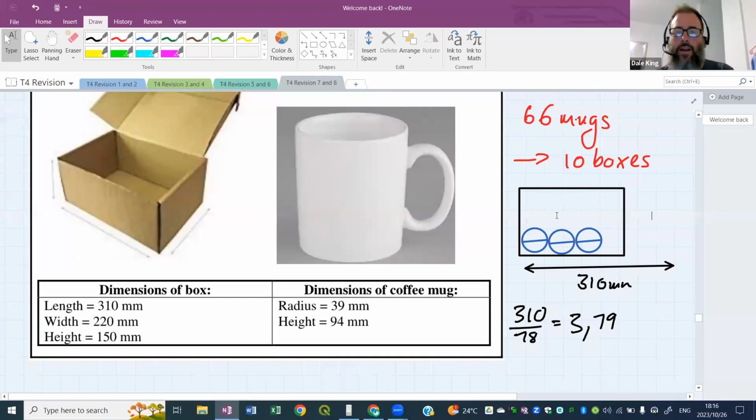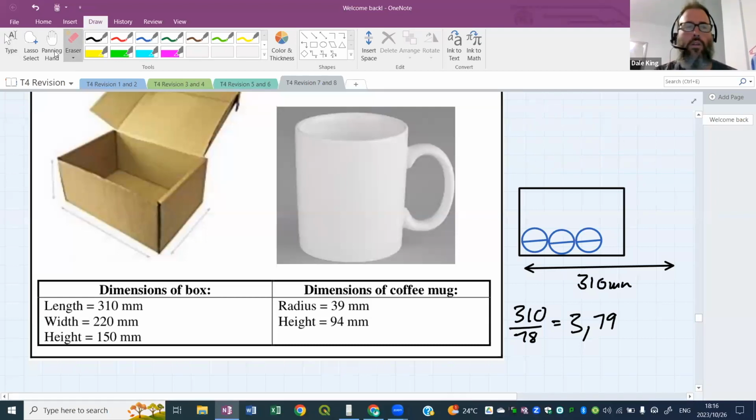All right. Now I need to work on the width of this box. Let's work 220 divided by 78, which equals 2.82. So we'll just put that as 2 mugs. So what Mohammed is saying is that we can't fit a lot of mugs in here.